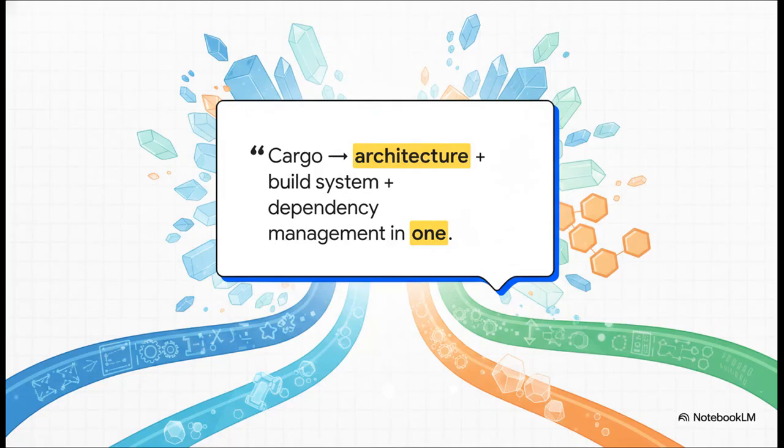You know, in a lot of other ecosystems, you have one tool for your dependencies, another tool for your build system, and your architecture? Well, that's just a bunch of diagrams and good intentions. In Rust, Cargo rolls all three of those things into one single cohesive system. Your architectural choices have a direct impact on your builds and your dependencies, and the tool is designed from the ground up to support that.